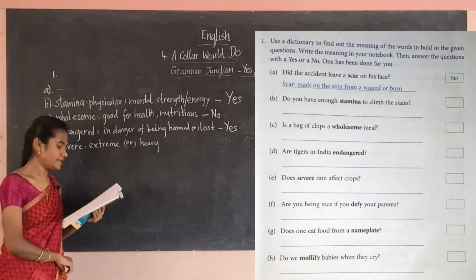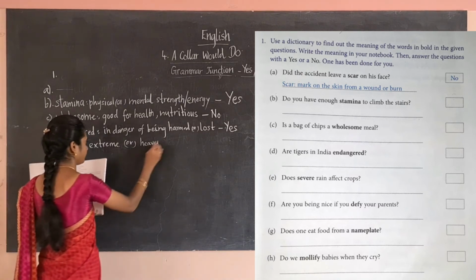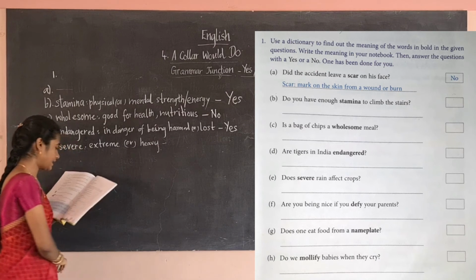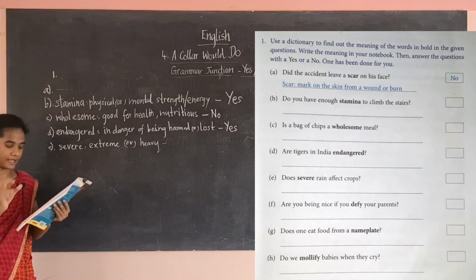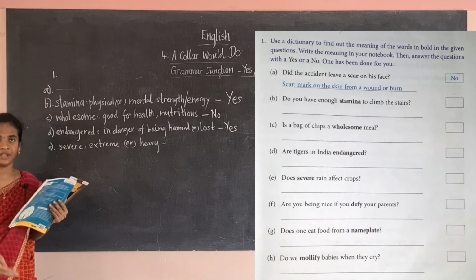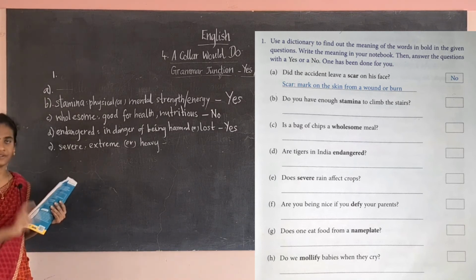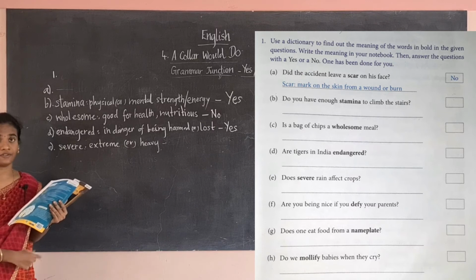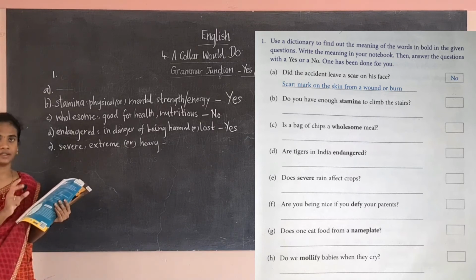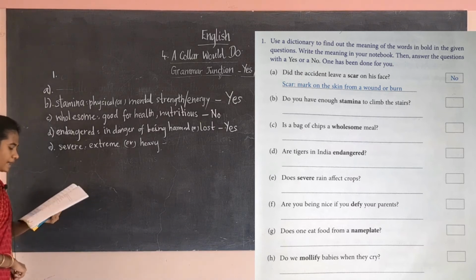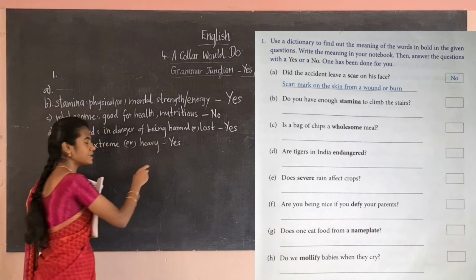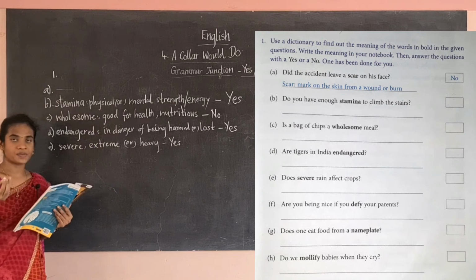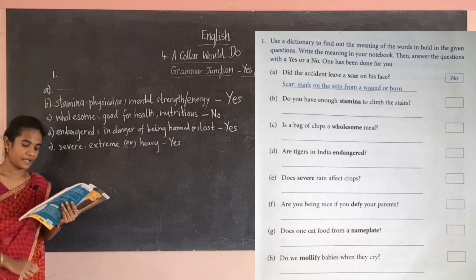So the answer is yes. Does severe rain affect crops? Here they have given us a correct statement. If there is heavy rain, the crops are affected. So it's a yes.